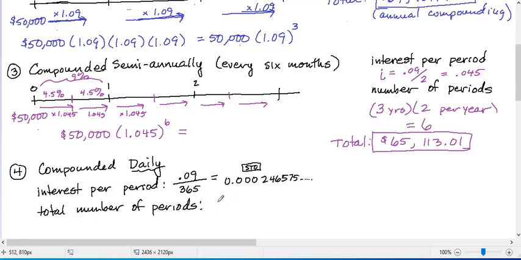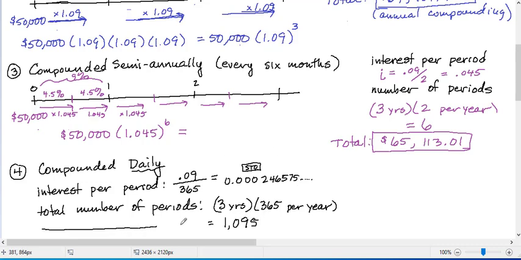The total number of periods would be 3 years times 365 days per year. That's 1,095 times. So now if I'm picturing a number line, here's 0 and here's the end of year 1, you've now got a whole bunch of teeny tiny little arrows just advancing the money one day at a time at a little fraction of an interest rate, and you're doing this 365 times each year for 3 years.